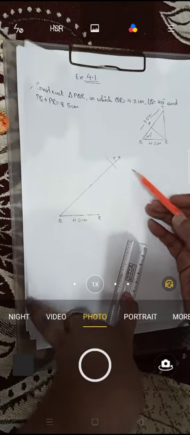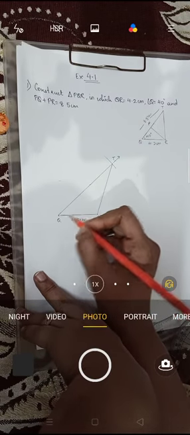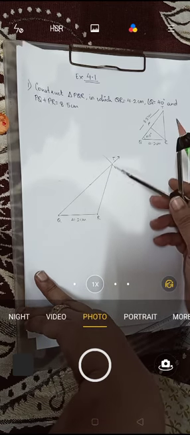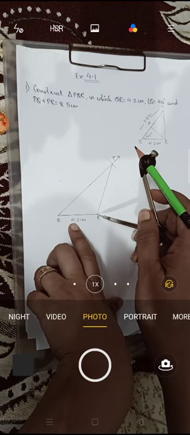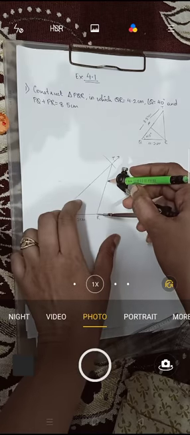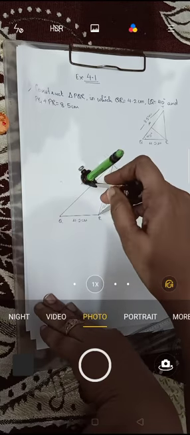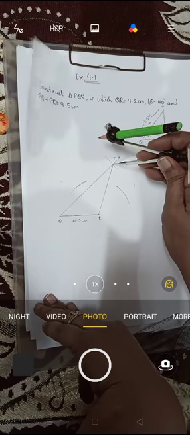Okay, now what we'll do, we'll draw the line. Then next you will draw the perpendicular bisector of TR. Take more than half, and keep it here.